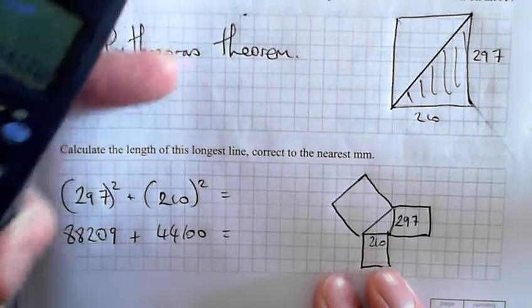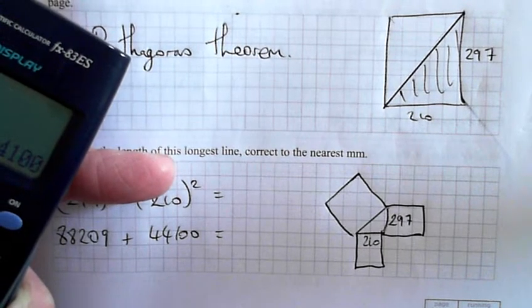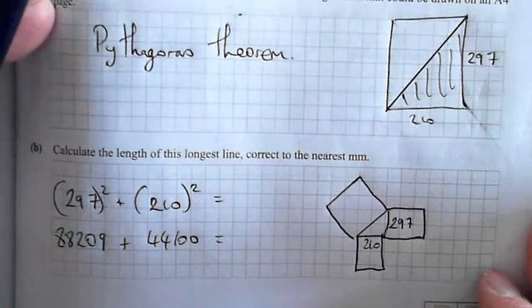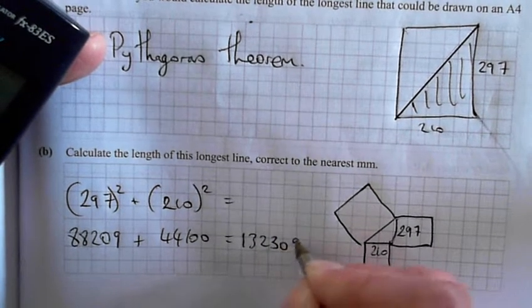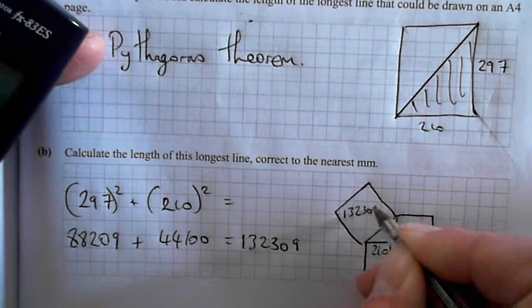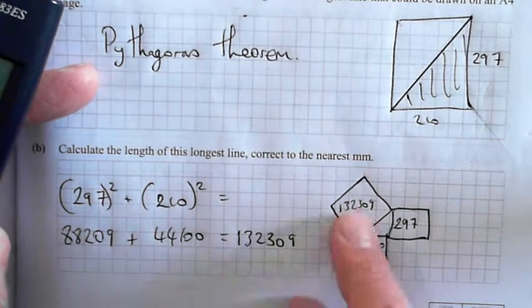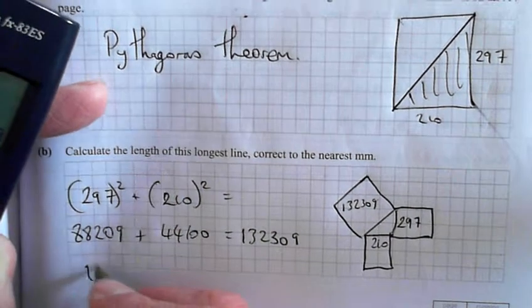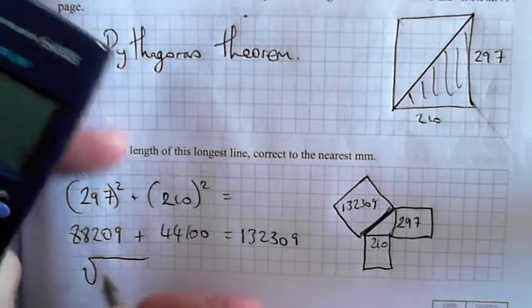Now I need to add those two together. 88209 and you get 132309. The area of this square is 132309 millimeters squared. So we have to get the square root of that now to get the length of this side here, one side.